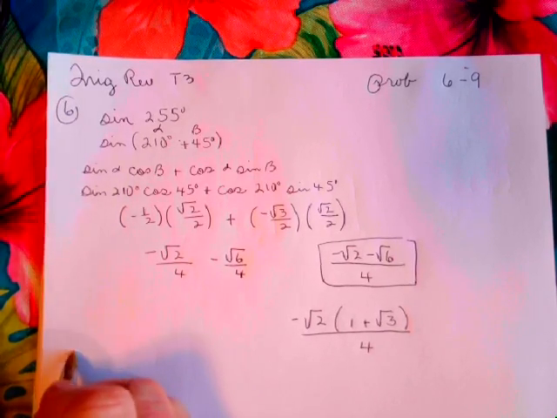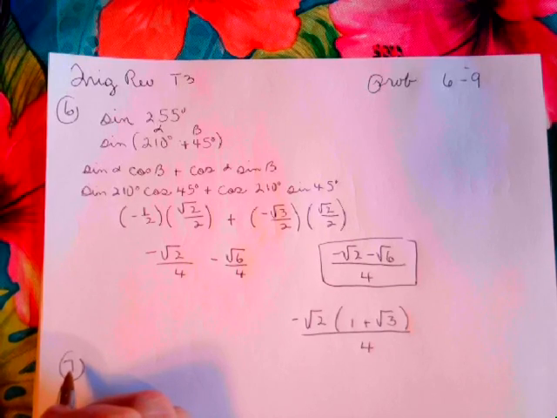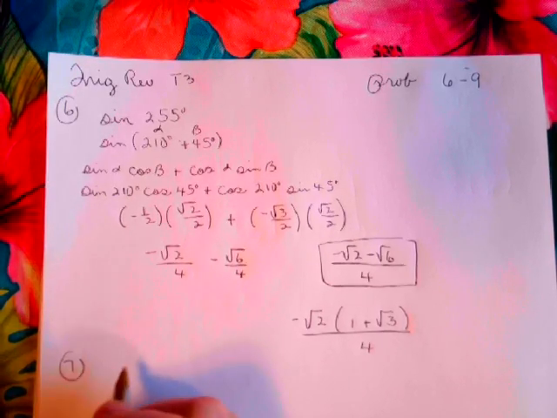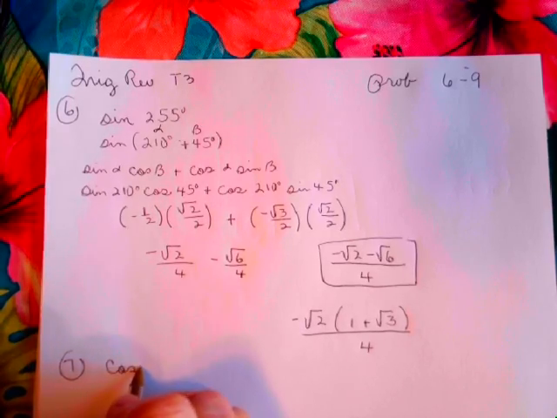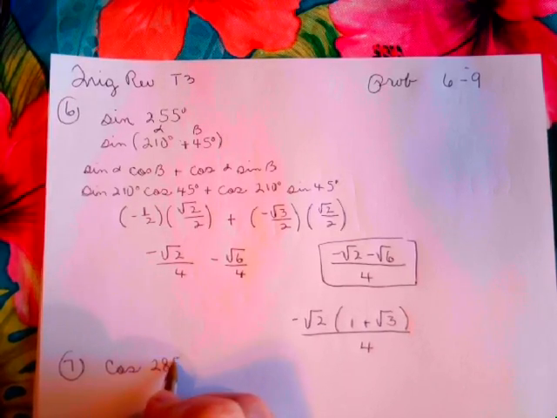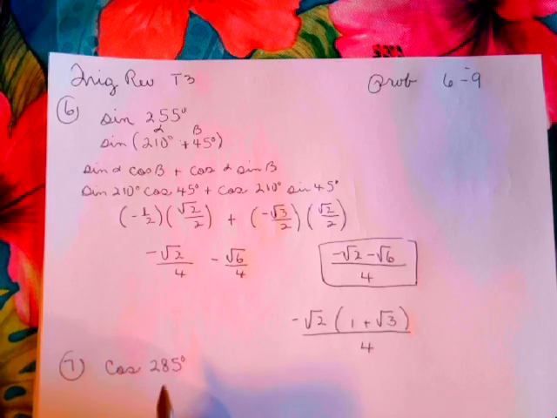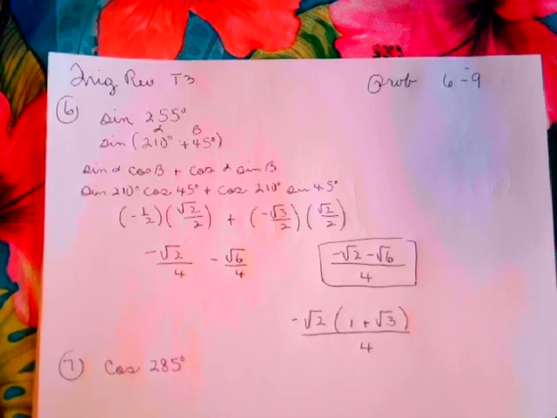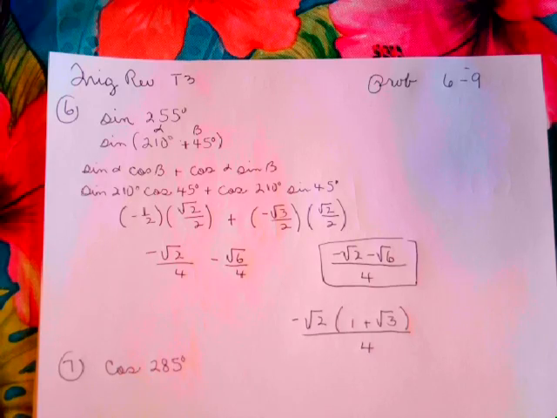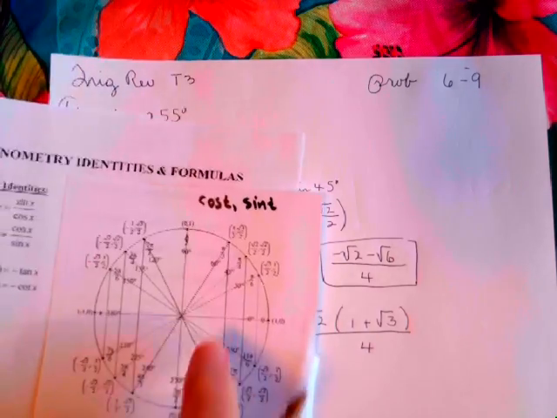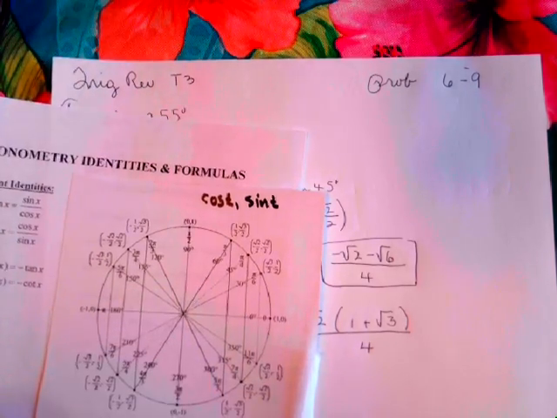Number 7. Find the cosine of 285 degrees. We're looking for two angles that add or subtract to give us 285 degrees. We want those angles to be angles that we can find on this unit circle.